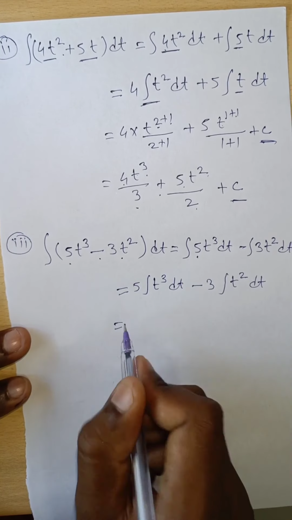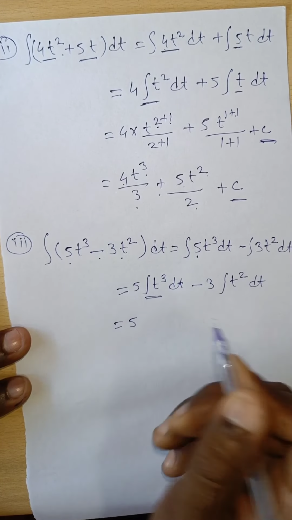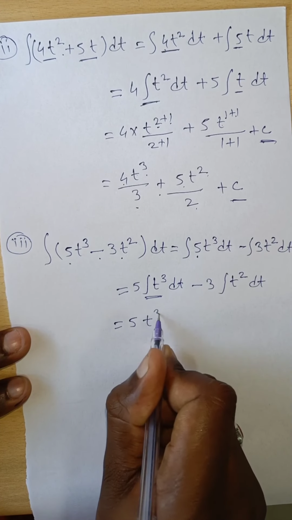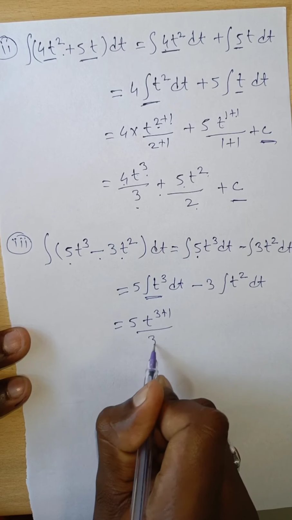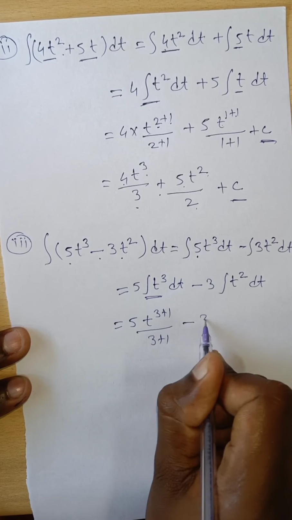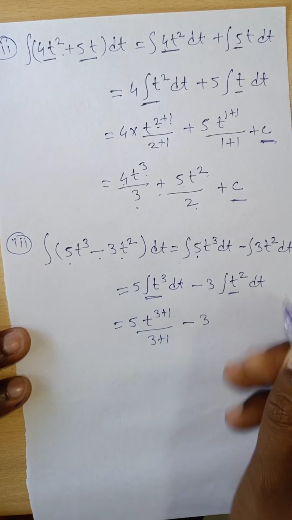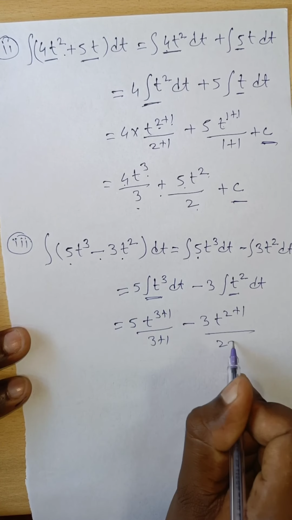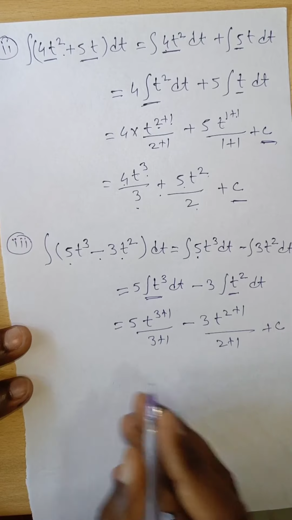Now 5 into, what is the integration of t cube? Integration of t cube is t to the power of 3 plus 1 divided by 3 plus 1, minus 3 into, what is the integration of t square? That is t to the power of 2 plus 1 divided by 2 plus 1, plus some constant c.